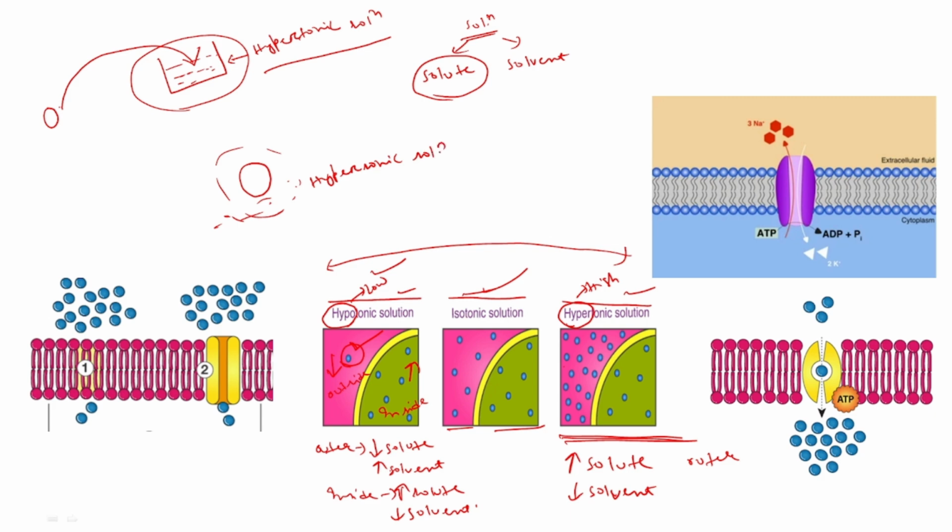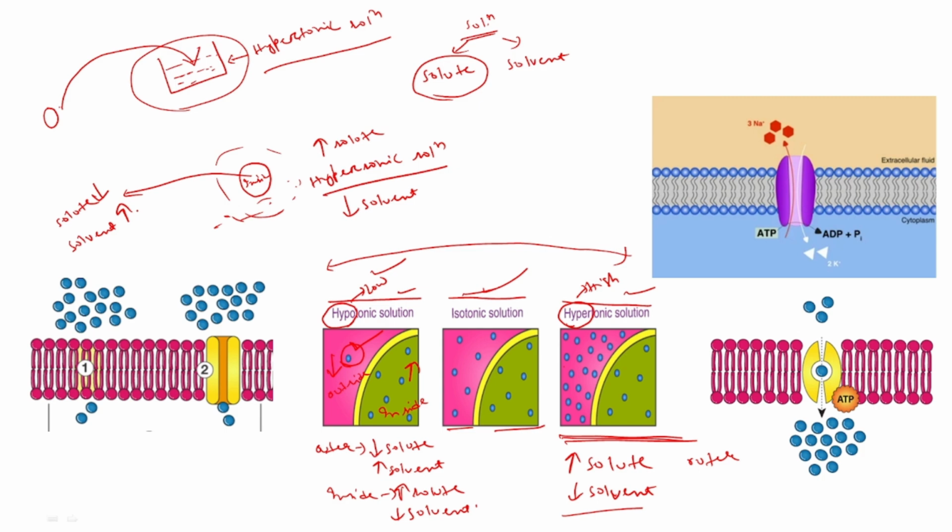In the hypertonic solution, the solute is more and the solvent is less, like this. So that means inside the cell, the solute will be low and the solvent will be high.